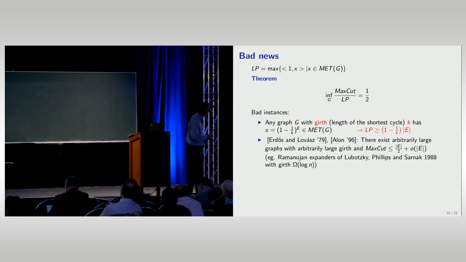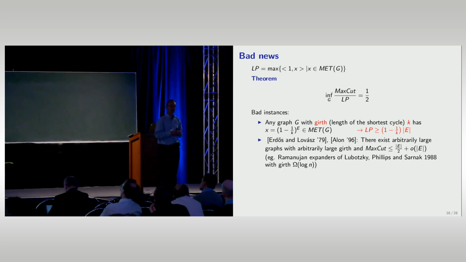And the examples are quite simple. For example, you could take a random D regular graph, and if D is large, that will give you an example. If you want a deterministic construction, it's a bit harder.